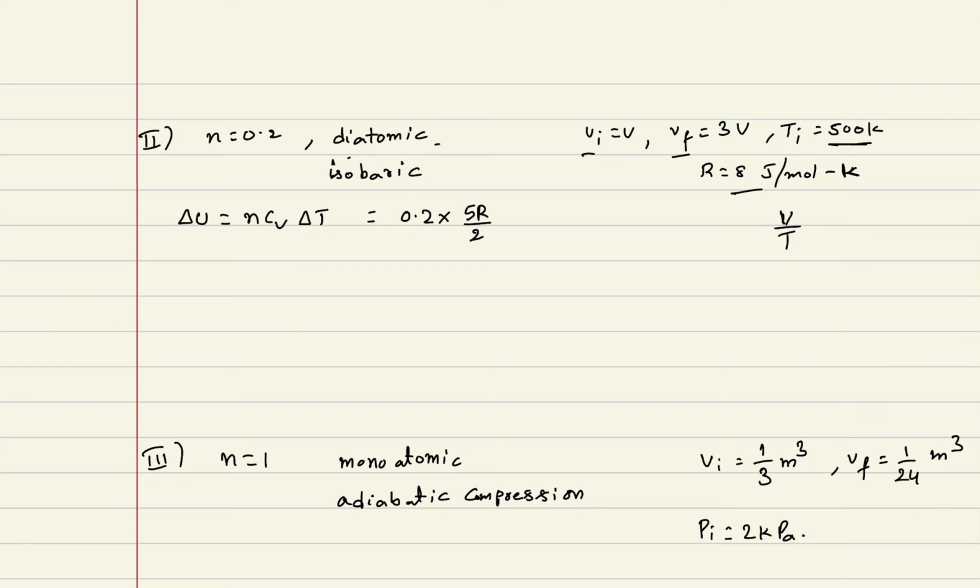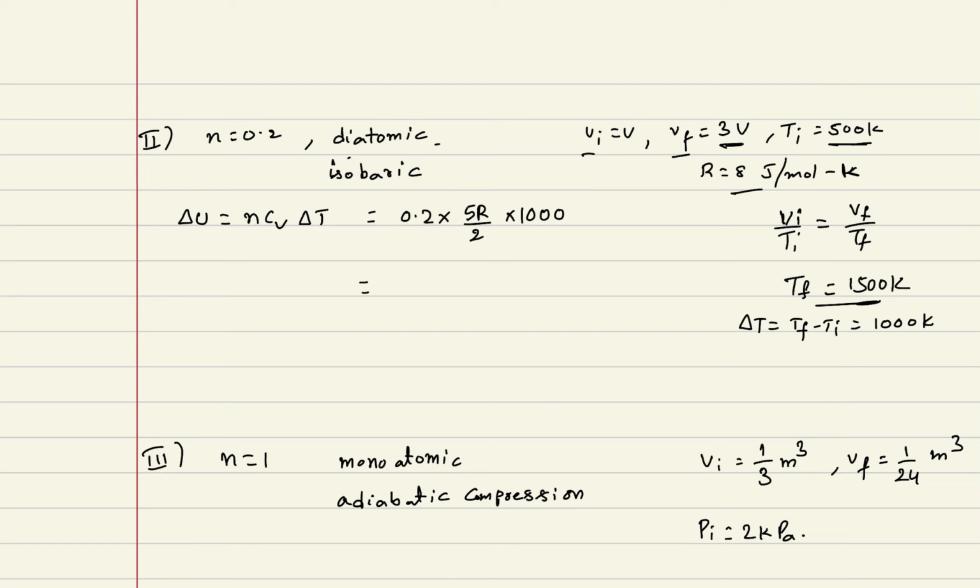So what is the final temperature? You know that Vi by Ti is equal to V final by T final. So if the volume increases by 3 times, obviously temperature also increases by 3 times. So delta T value is T final minus T initial, you will get 1500 minus 500, which is 1000 Kelvin.